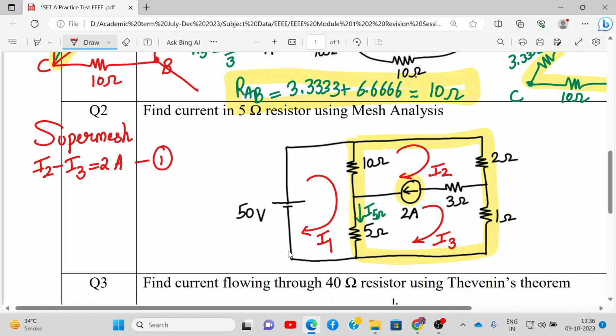All right. Now, since we are applying mesh analysis and we have a super mesh, we'll apply KVL to the super mesh, basically the yellow color part which we have marked.